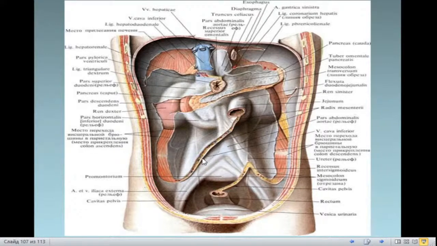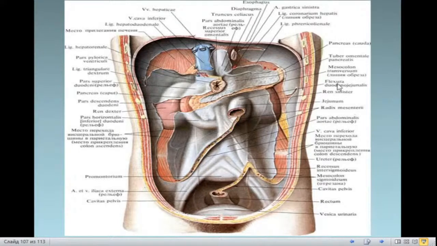And also it suspends in an oblique way the loops of small intestine, and it's called mesentery. So this is the cut oblique root of mesentery. As you can see here, it forms two pouches, the right mesenteric sinus and the left mesenteric sinus. It's helpful for surgeons to understand where they should make a revision of perforated ulcers or perforated intestinal walls.